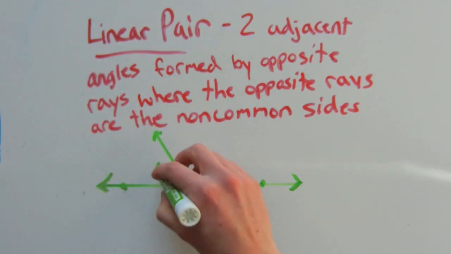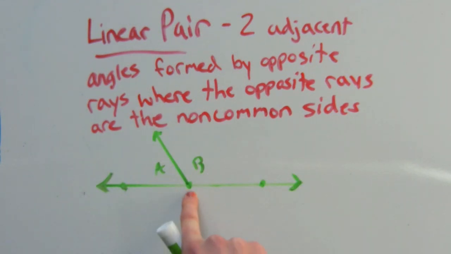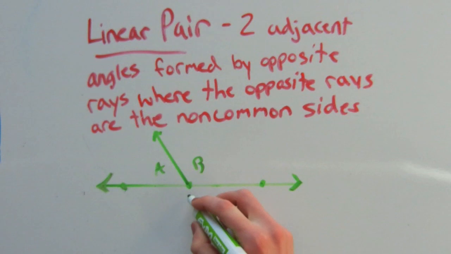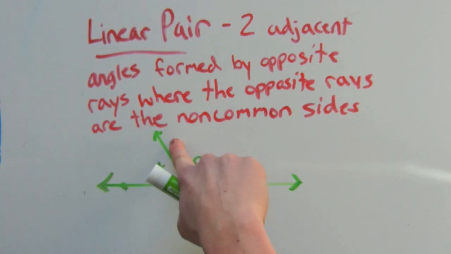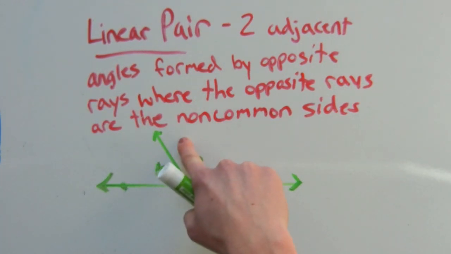So we're looking at angle A and angle B. Angles A and B are adjacent because one, they share a common vertex. Let's go ahead and name that common vertex Z. And they have a common side. So A and B are adjacent.